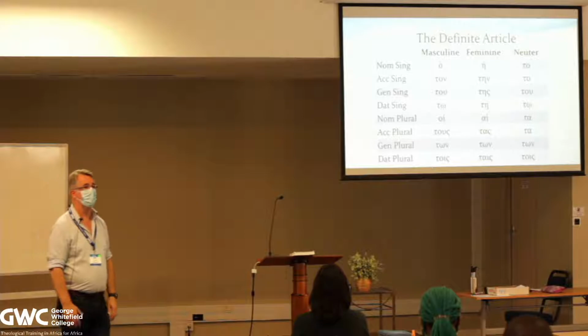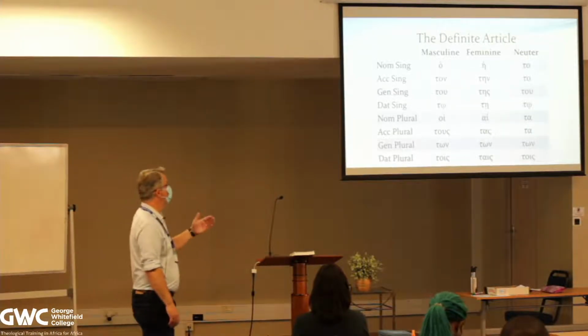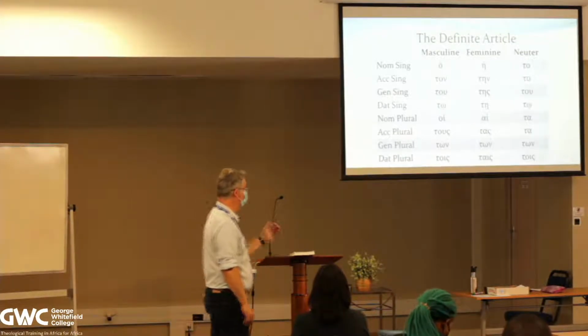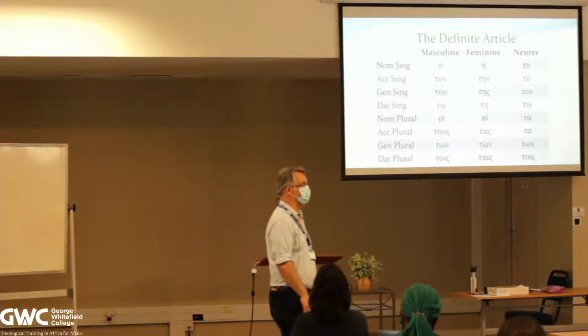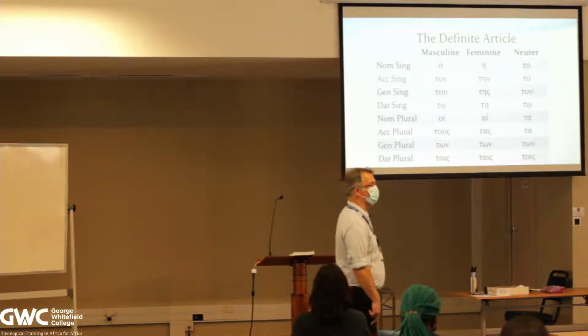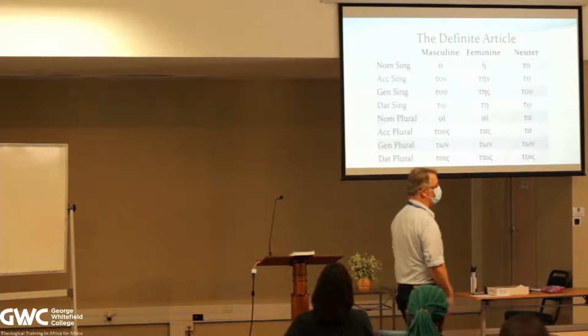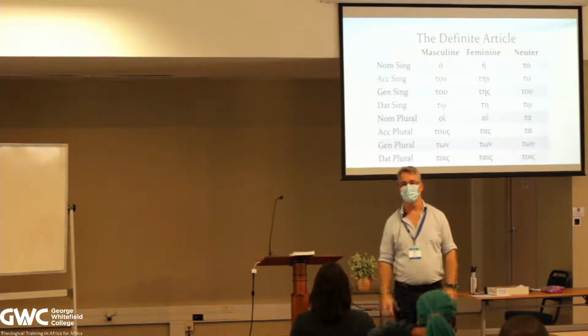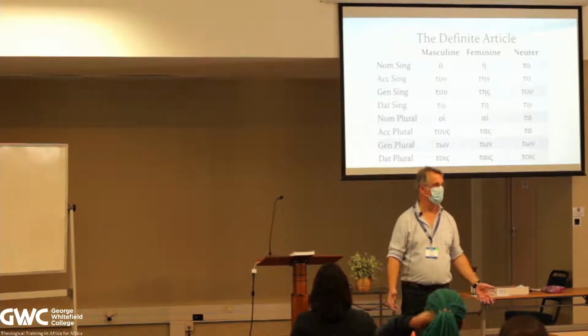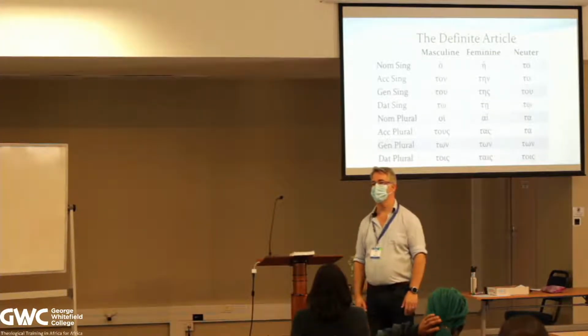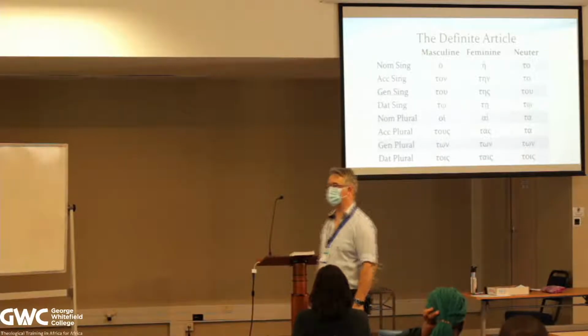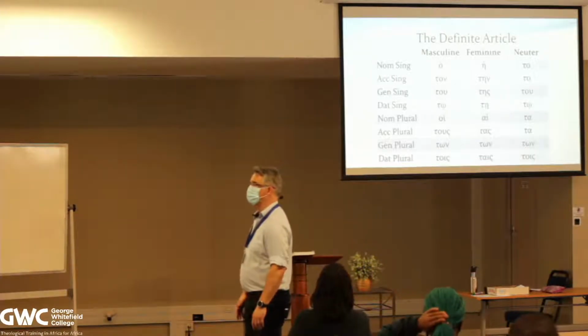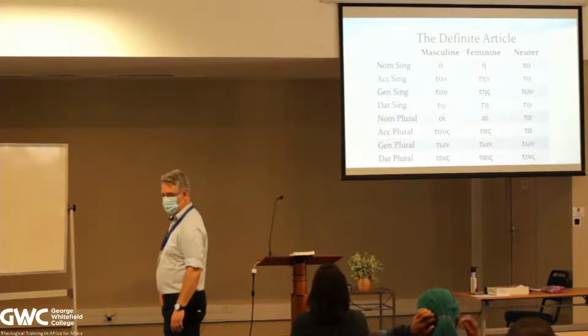So learn this paradigm. We'll learn all of them, but this one in particular is massively your friend. And we should know the article. Plus, it occurs more than any other word in the Bible. It's everywhere, all the time. You need to learn the article very, very quickly. It's going to come up all the time.